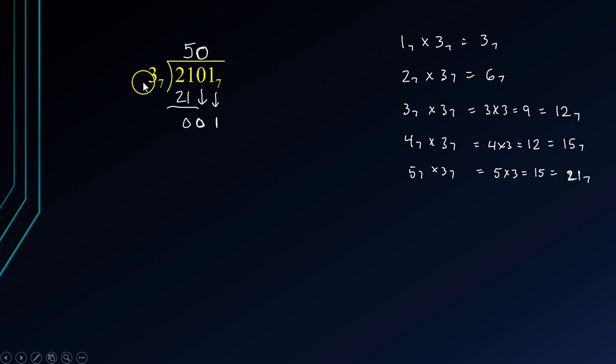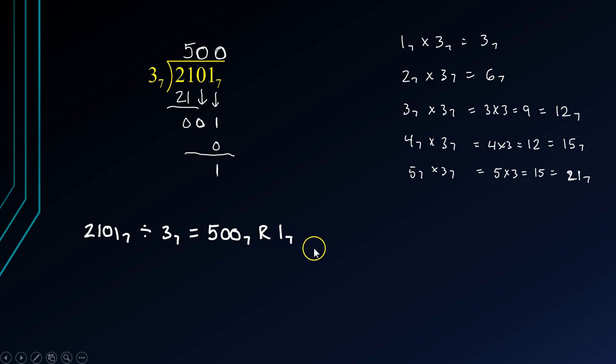So basically, 3 is not going to go into 1 at all, so I'm going to have another 0 here. Multiplying that through, I get a 1 as a remainder. So my answer would be 500 base 7 with a remainder of 1 base 7.